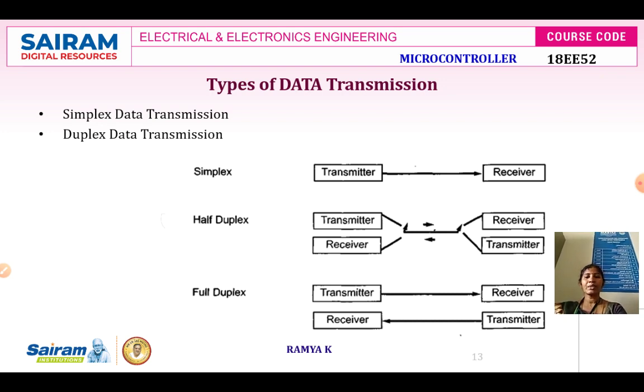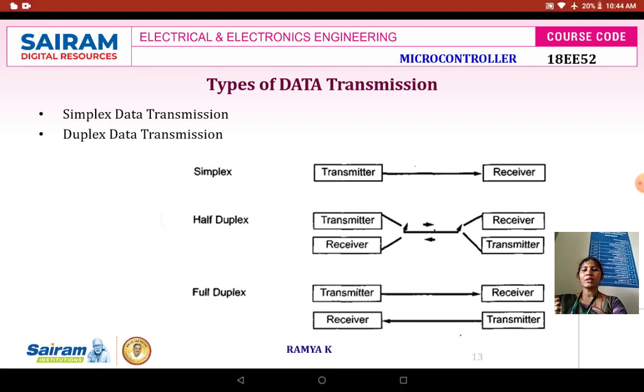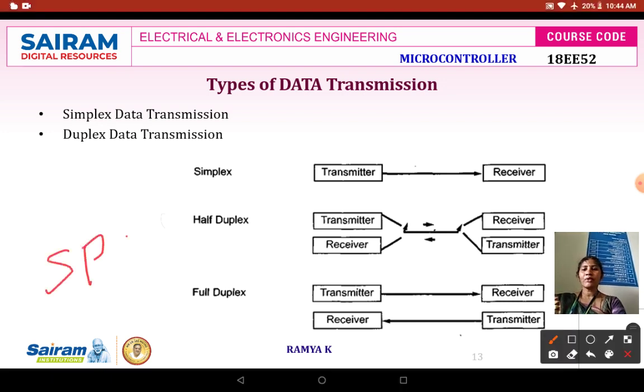Now we are going to discuss in depth what is meant by communication protocols in serial communication. Why we need to understand the communication protocol in serial communication is, consider SPI, that is serial peripheral interface. It could be either a 3-wire system or a 4-wire system.